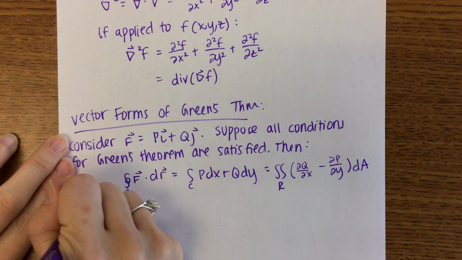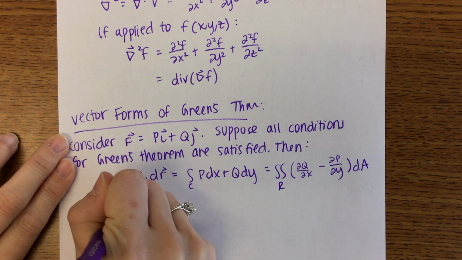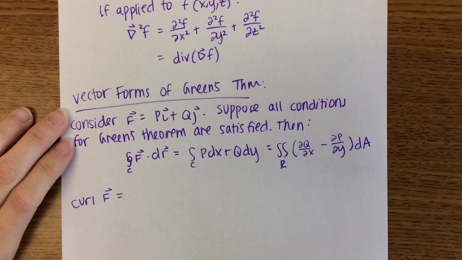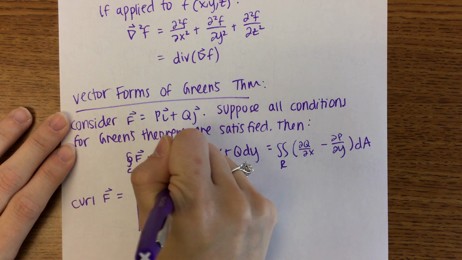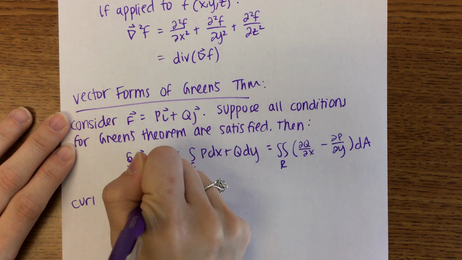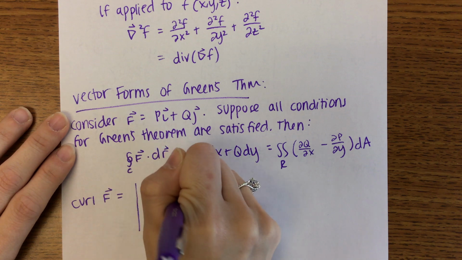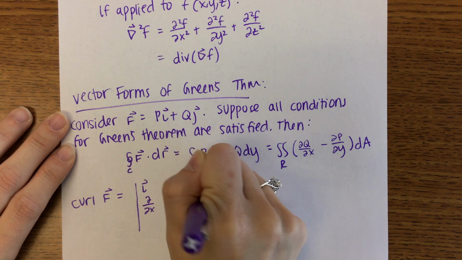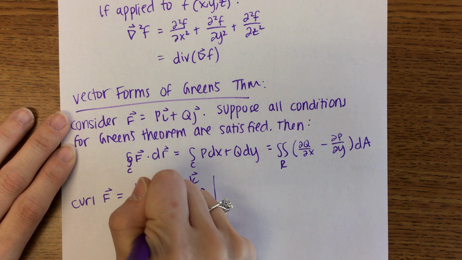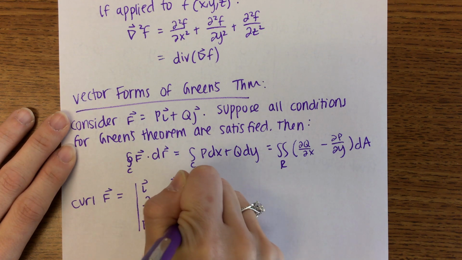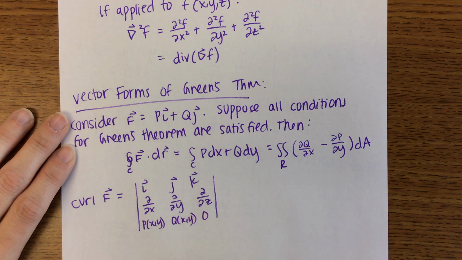Well, just for fun, let's find the curl of f. So we have i, j, k. We have our partials. So this is P of x,y, Q of x,y, and 0.